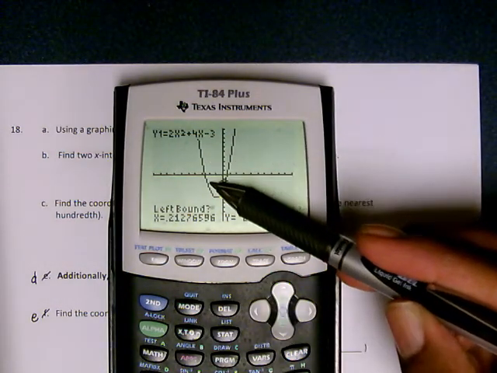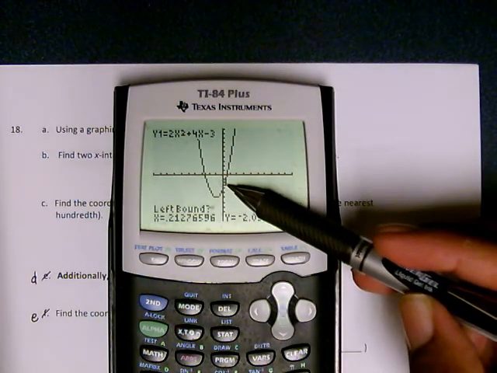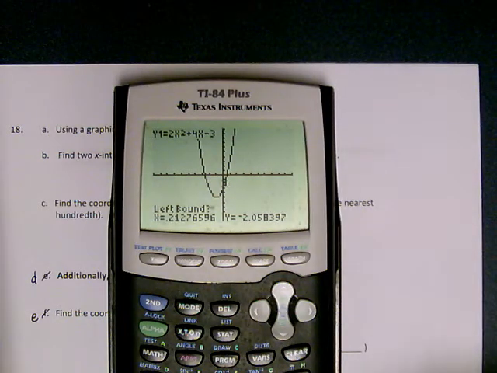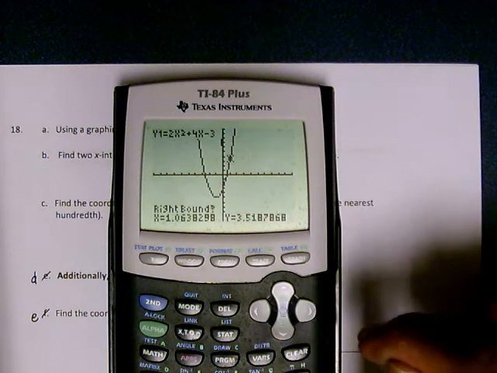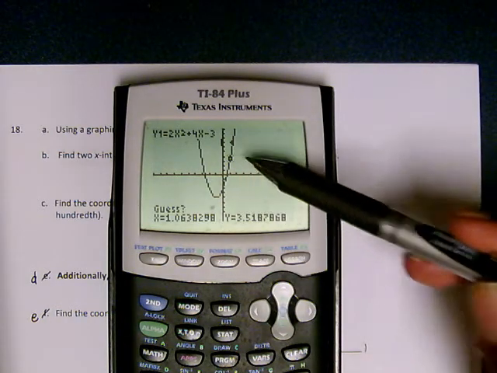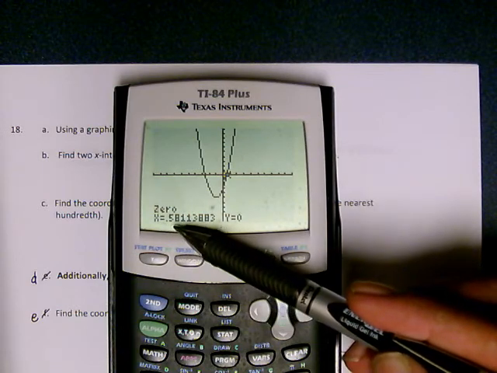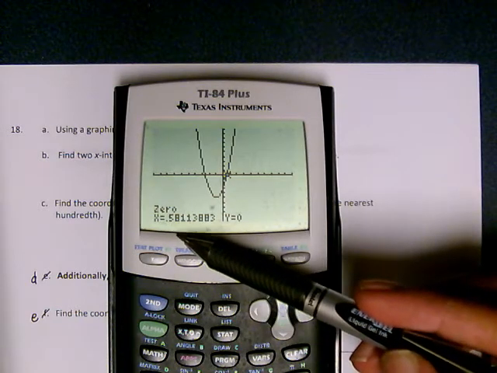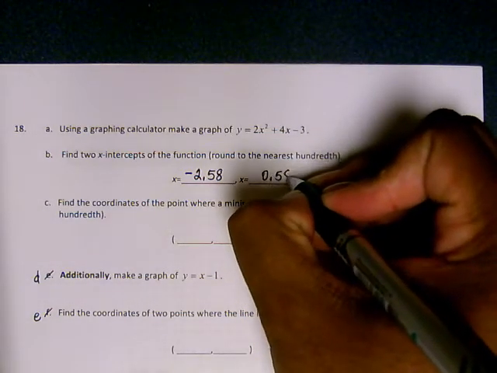So top to bottom for the first, now bottom to top for this second. So we're going to position the cursor below that second x-intercept, and then press enter. Then for right bound, use our right arrow key to put the cursor above it. So below and above for the second x-intercept. And then after guess, go ahead and press enter. Here your x value to the nearest hundredth will be 0.58, and your y is 0. So 0.58 is the other x-intercept.